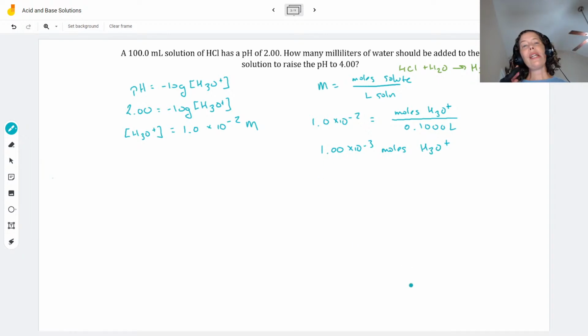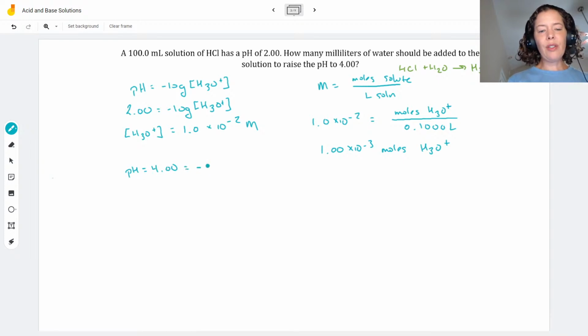Okay, so now that I have the moles of hydronium, I can then use my moles, which are consistent, and my pH to figure out what my volume of solution is going to be when my pH is 4. Okay, so now this is where being organized helps. So now I'm going to go to my pH of 4 solution.